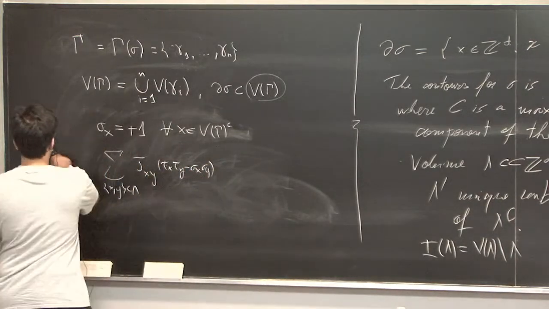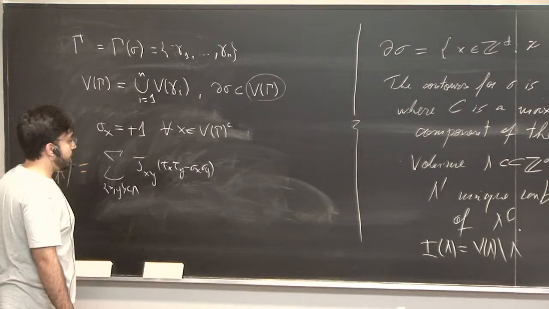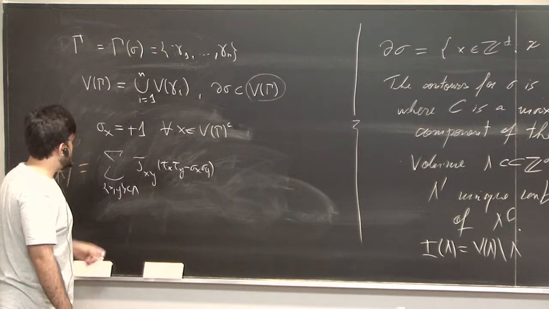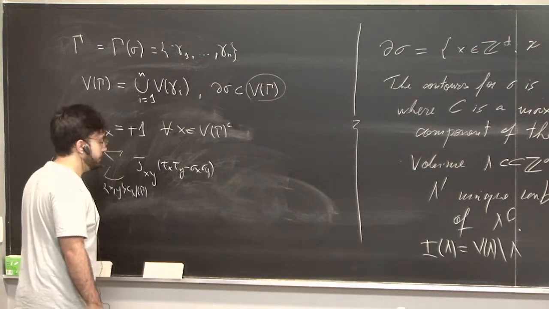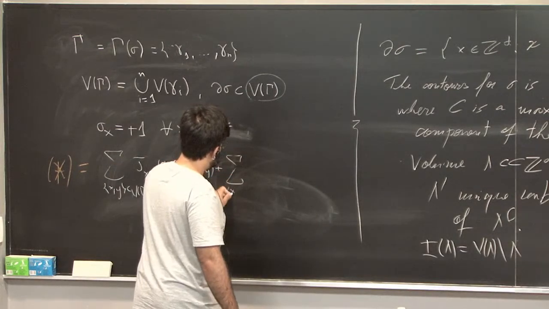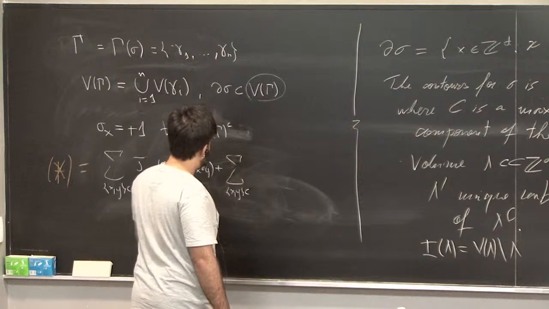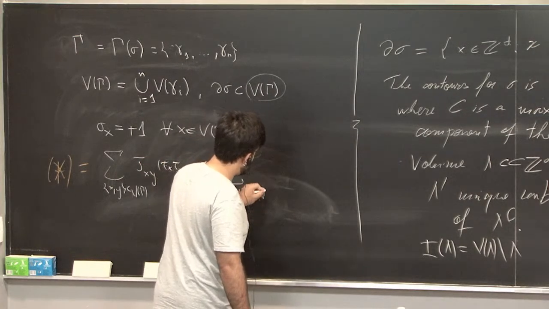Okay, so the orange part is this, but then I can divide Lambda into the set V gamma. Okay, the case where the two points are inside Lambda minus V gamma.